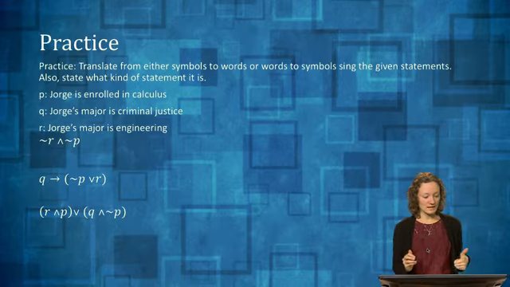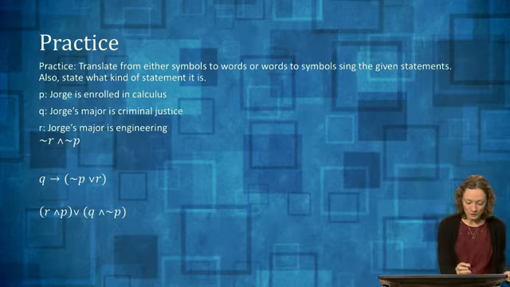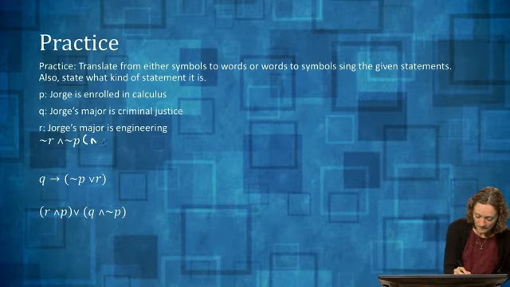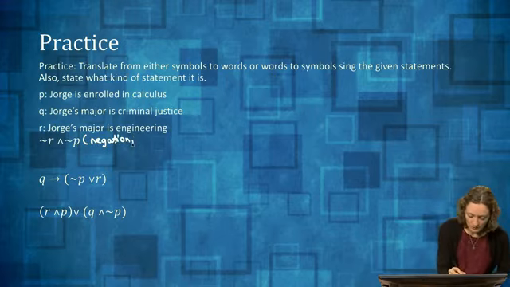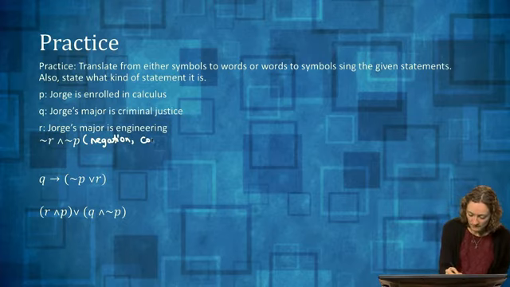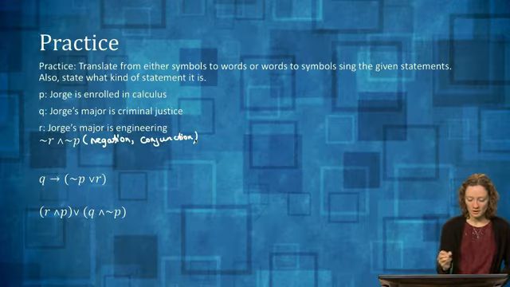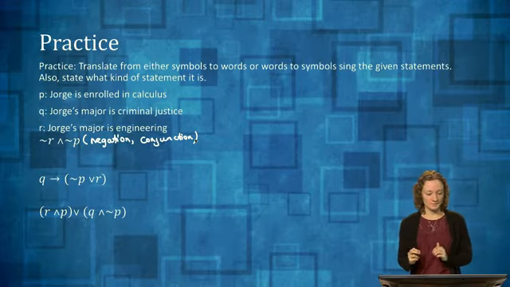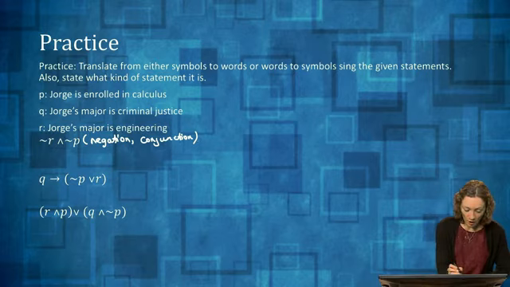All right, so let's see if what you got is correct. So the first one, we have a negation. And there's actually more than one, but you don't have to list it more than once. And we have a conjunction. So the 2 ideas are being pulled together with the word and. So we have negation R. R is George's major is engineering.